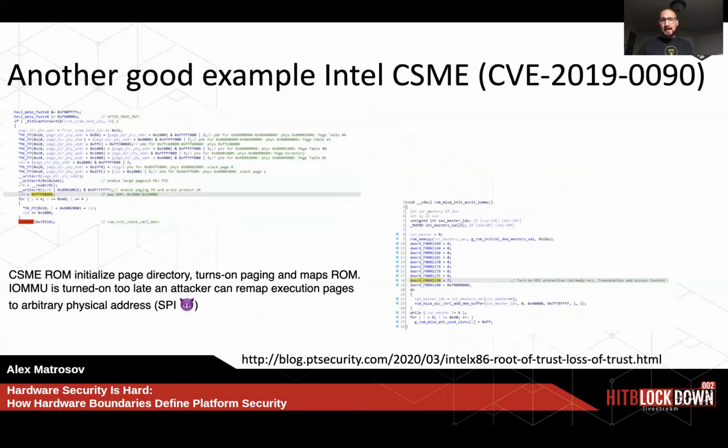What happens is IOMMU DMA protection is turned on too late, and an attacker has the opportunity to remap execution pages to an arbitrary physical address, for example to SPI flash. That's it, right? And there are a lot of these devices in the field still unpatched.